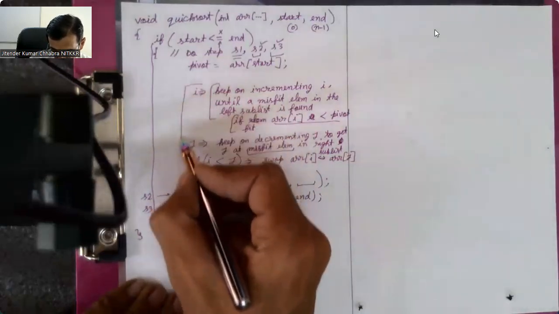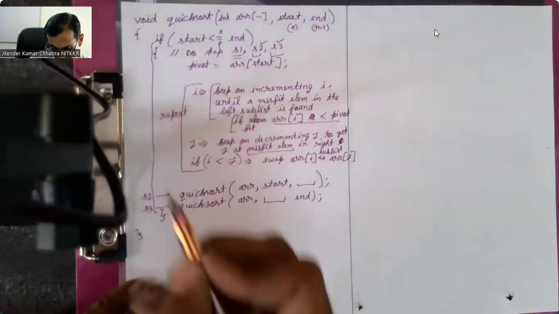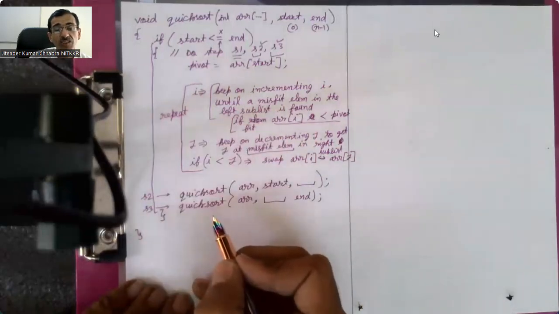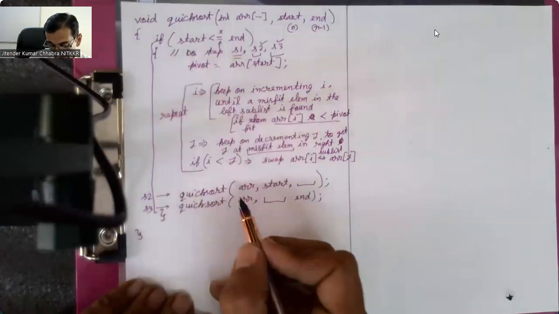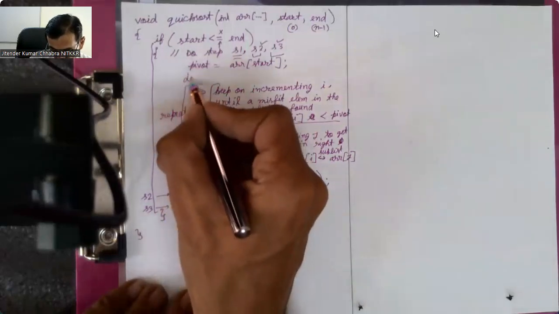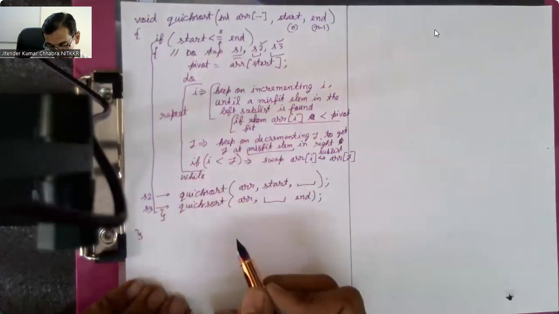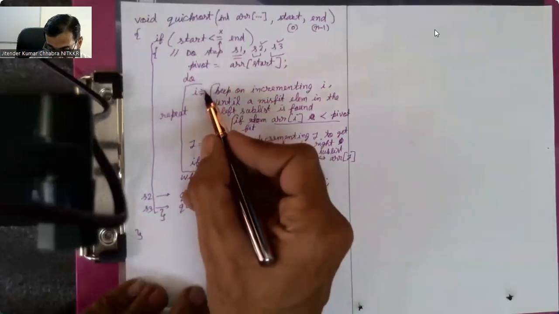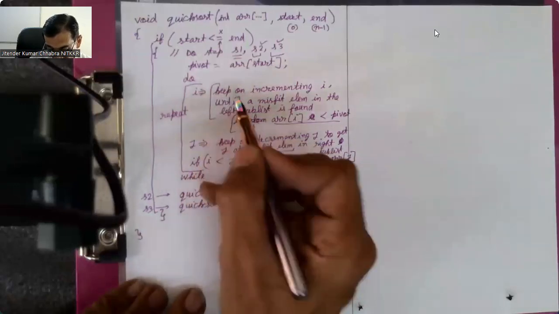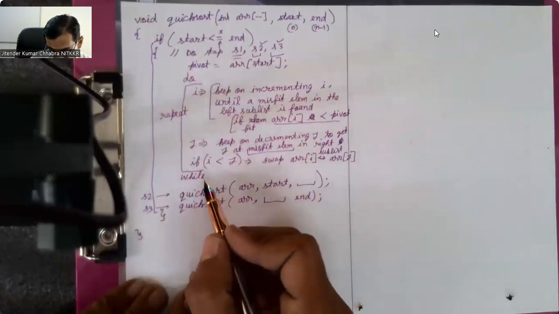This process I needed to repeat as long as the lists don't cross. So repeat, and I must always keep on doing this. So ideally, I will say here it should be a do while loop. Why do while? The first time I should reach and definitely go further. Regular progress should always be guaranteed.